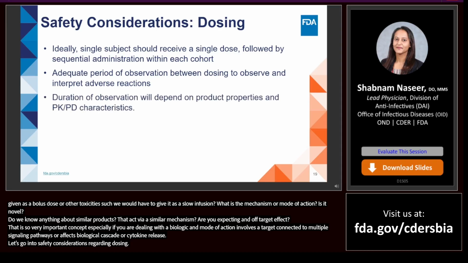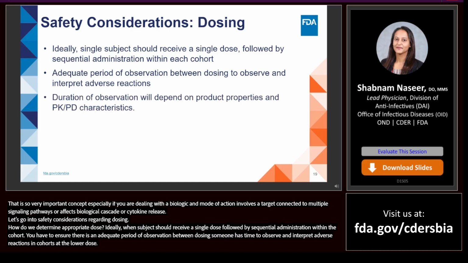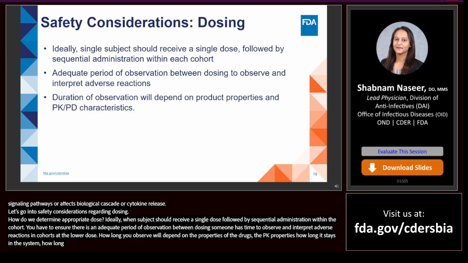And how long you actually observe will depend on the properties of the drugs, the PK properties, how long it stays in the system, how long its half-life is. And so we also learn good lessons from previous trials conducted with similar products.